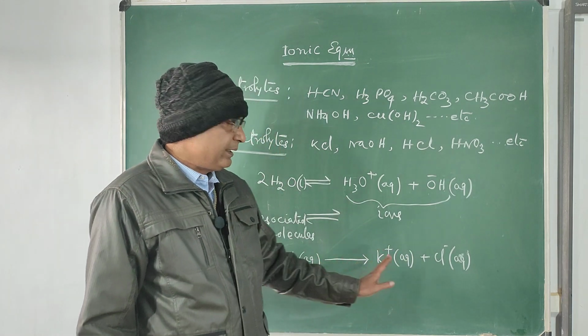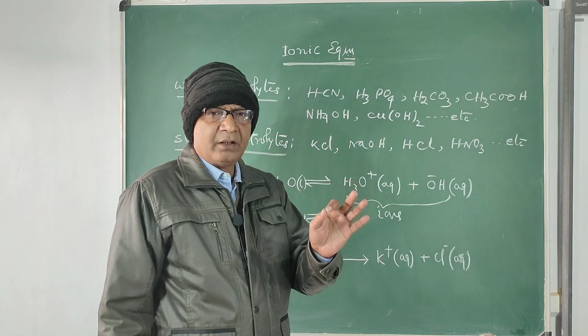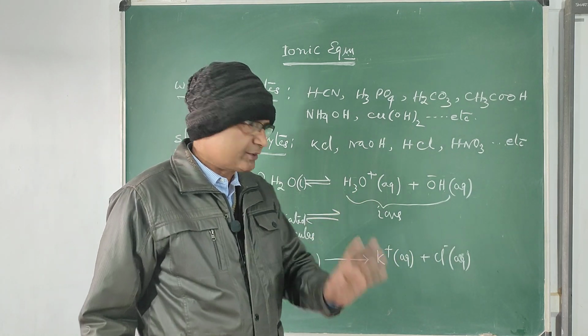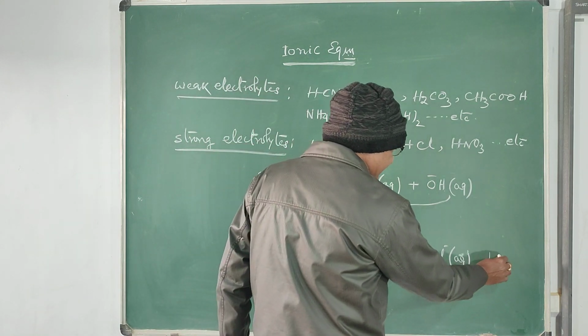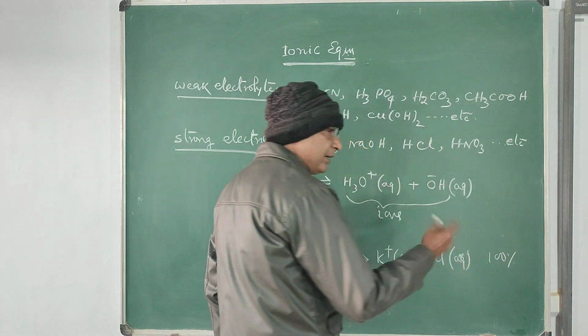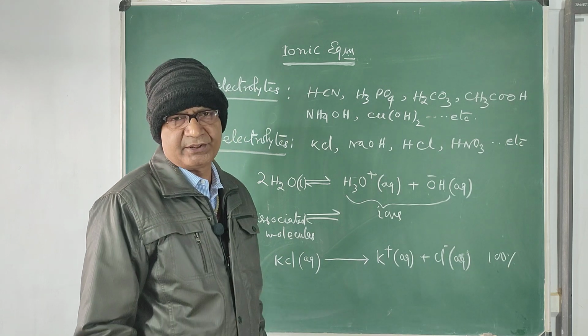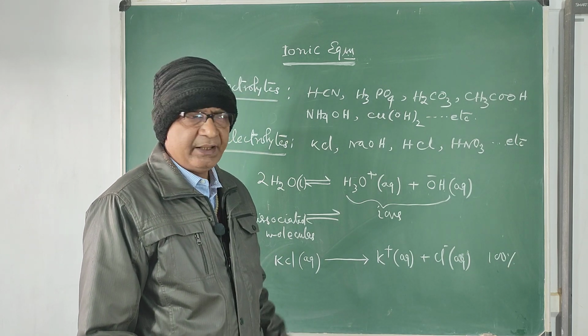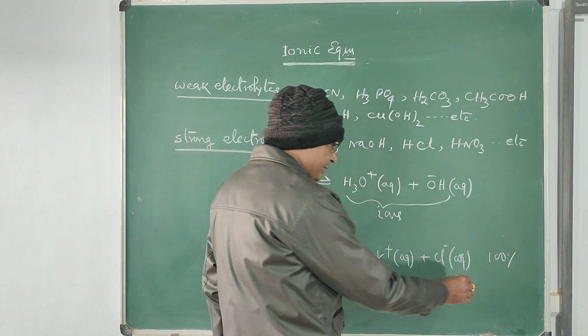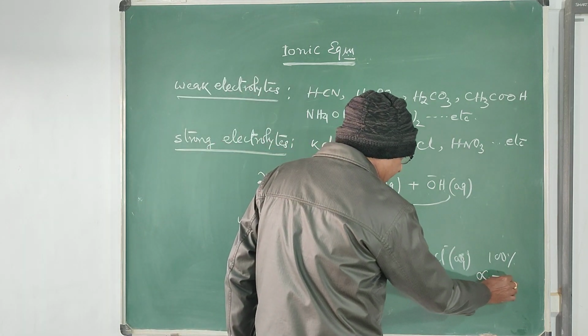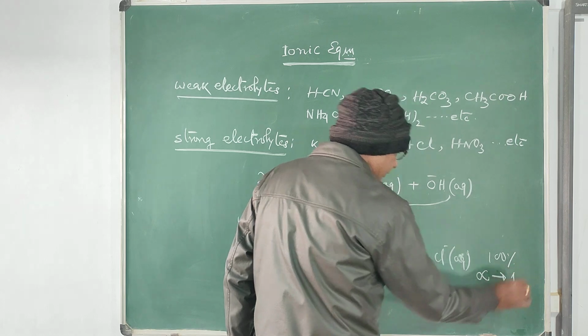Why? Because it is a strong electrolyte. A strong electrolyte is supposed to be nearly 100% dissociated. That means its degree of dissociation, denoted by alpha, is unity, 1.